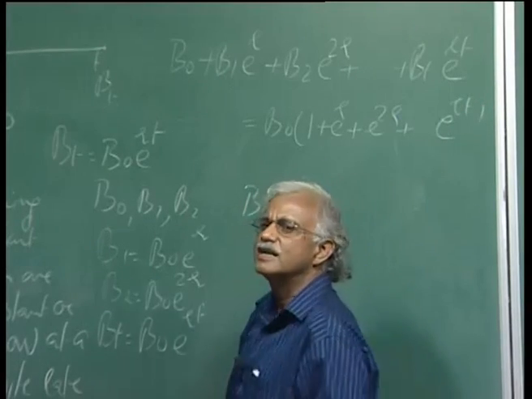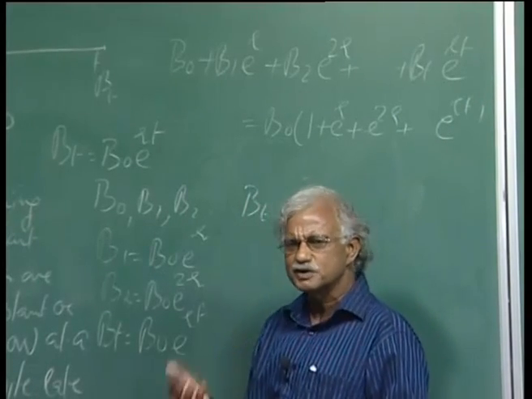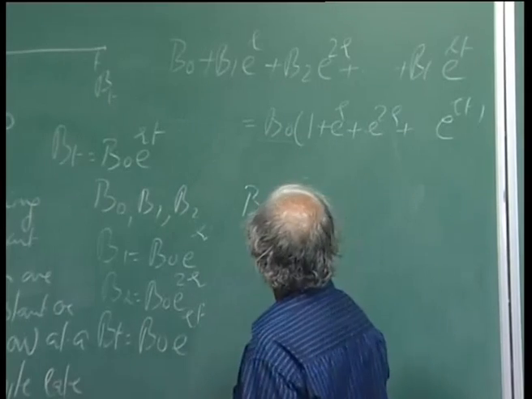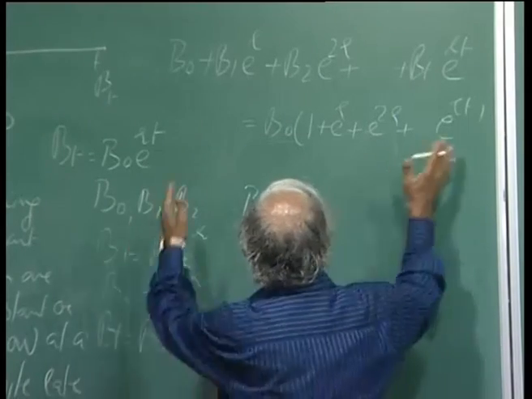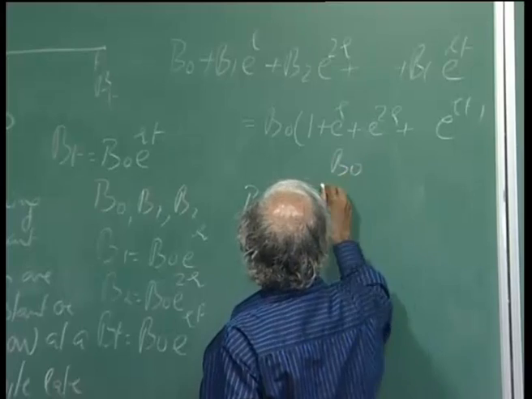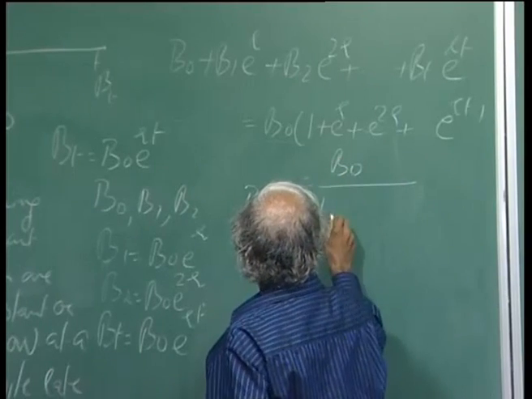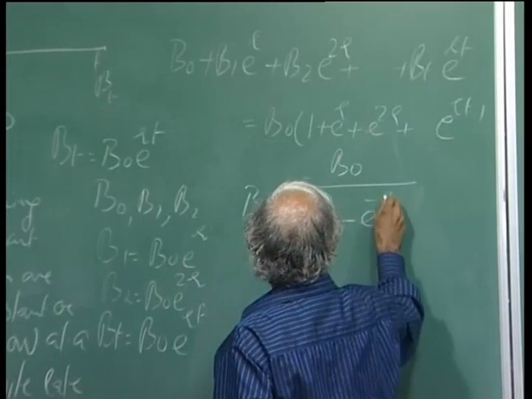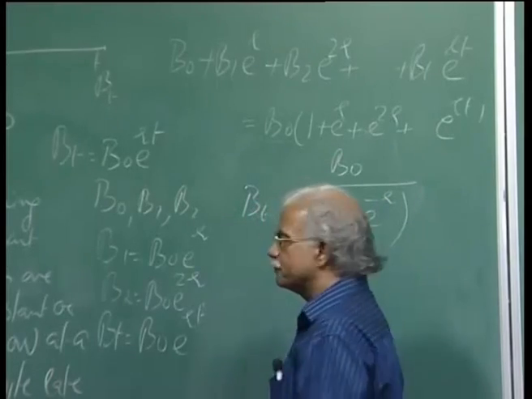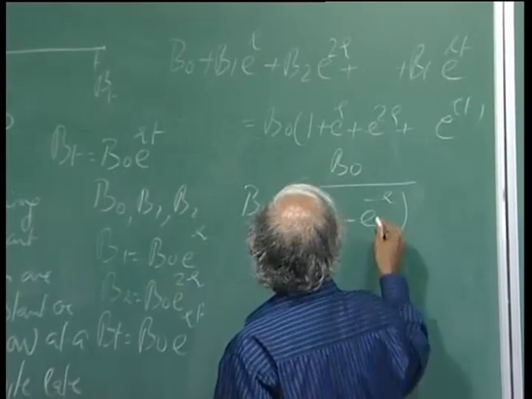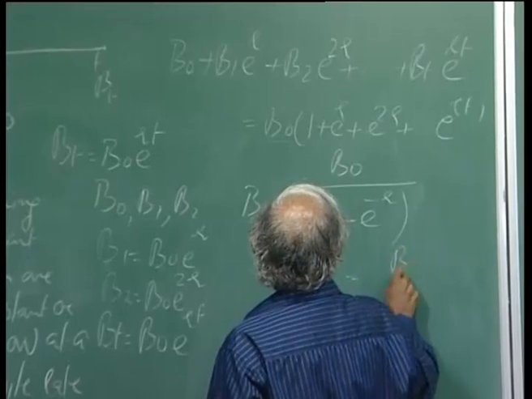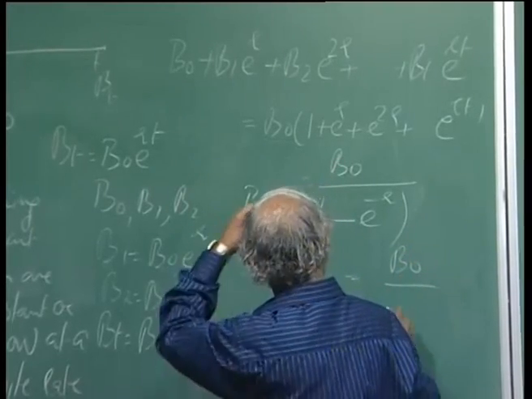Now, it is possible to solve this kind of equation. The approximate value of this function would be b 0 divided by 1 minus e raised to power minus r, okay, or roughly b 0 divided by r.